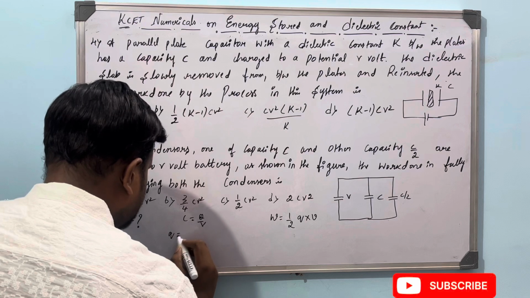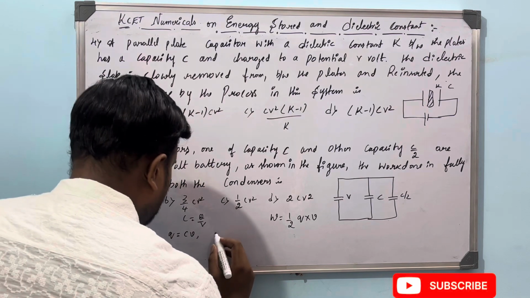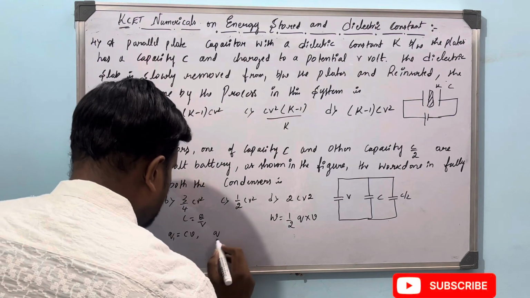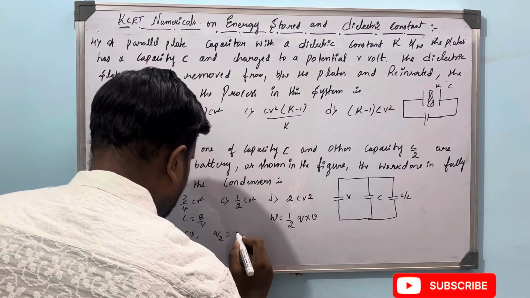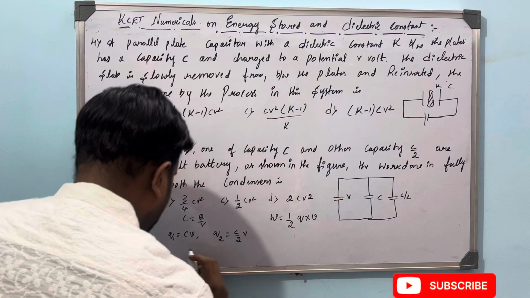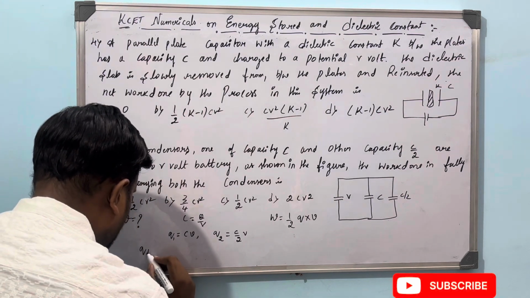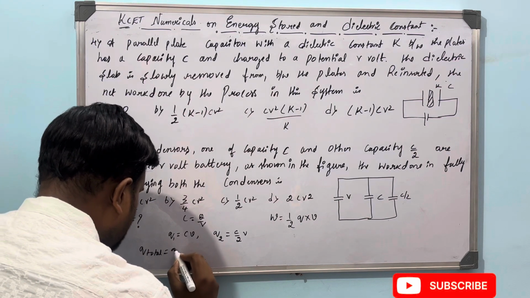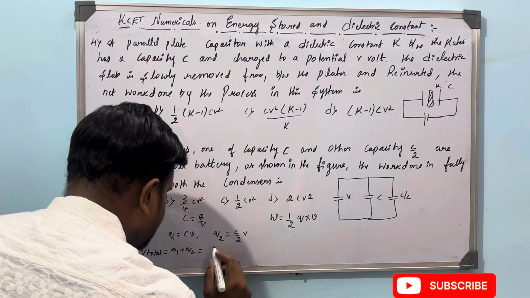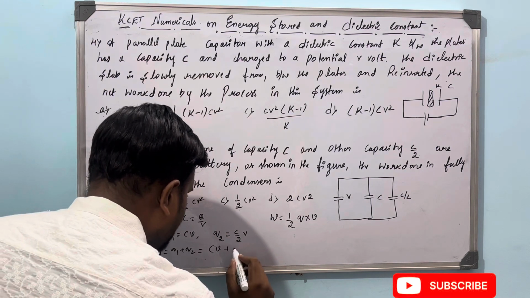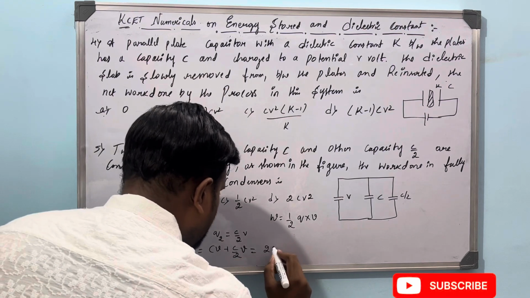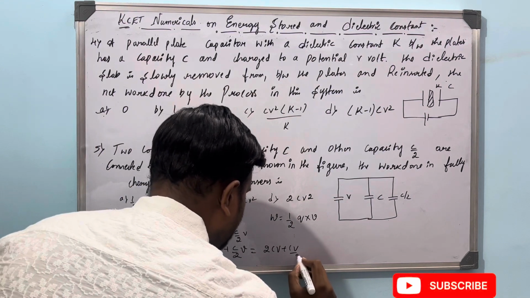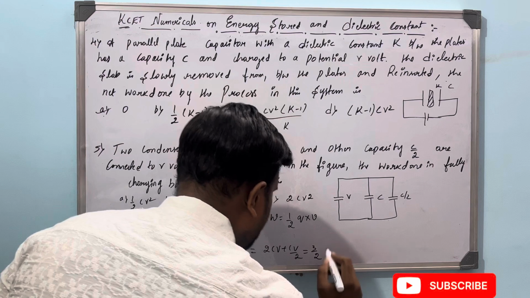So Q becomes C into V, call this Q1, and Q2 becomes C by 2 into V. Total charge Q total becomes Q1 plus Q2, so that is CV plus C by 2 V. Now cross multiply: 2CV plus CV divided by 2, that becomes 3 divided by 2.